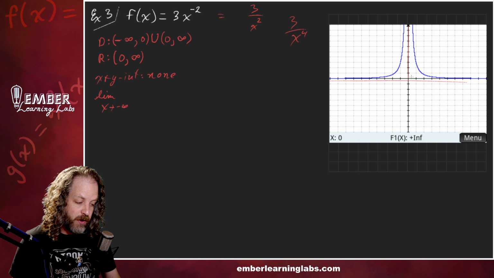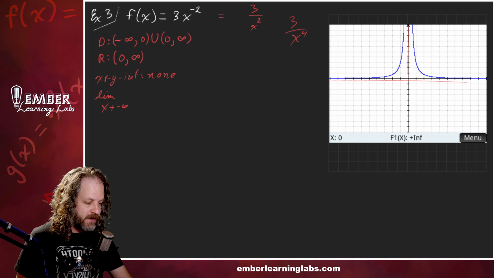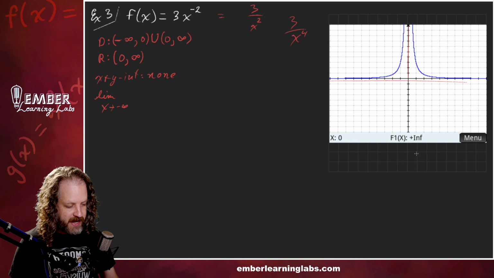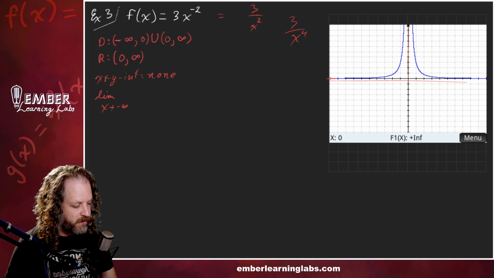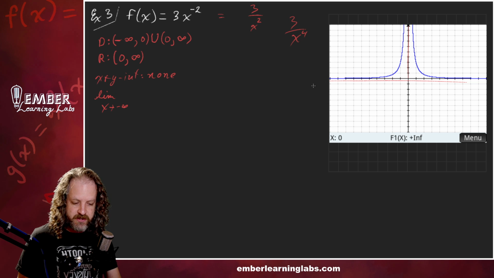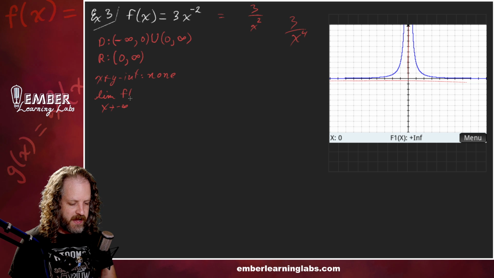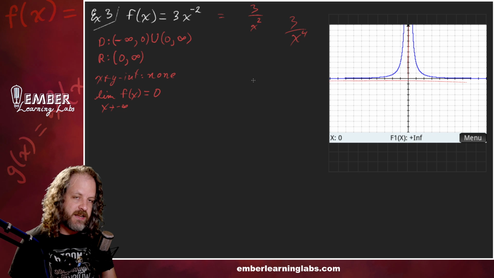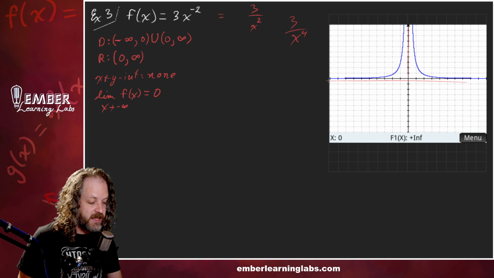It's not approaching negative infinity or positive infinity. It doesn't keep on going down and down. It's getting closer and closer to a specific number, to 0. So the limit of f of x equals 0, because as we continue this way, it's getting closer and closer to 0.